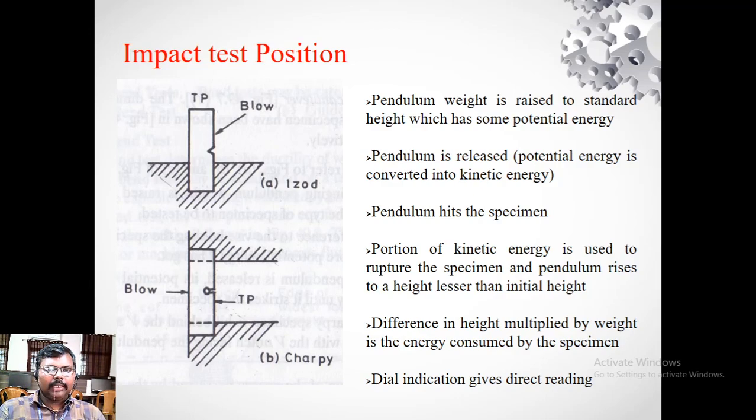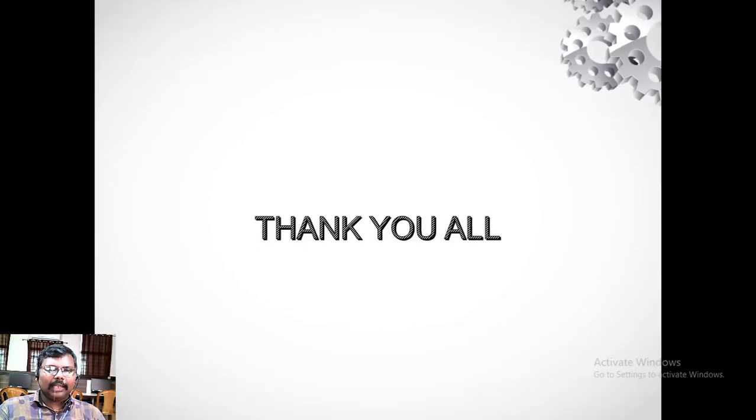The pendulum hits the specimen, a portion of the kinetic energy is used to fracture the specimen, and the pendulum rises to a height lesser than the initial height. The difference in height multiplied by weight is the energy consumed by the specimen. The dial indicator gives a direct reading. Thank you all.